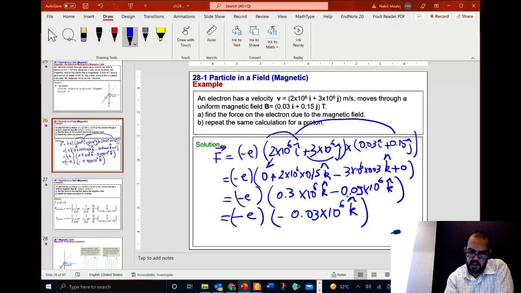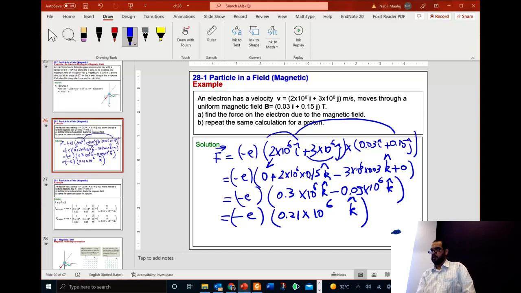We multiplied 3 10 to the power 6 times 0.03, so now we correct this: 0.3 minus 0.09, that's 0.21 10 to the power 6. Then you have to multiply by the negative charge, which is minus 1.6 10 to the minus 19.